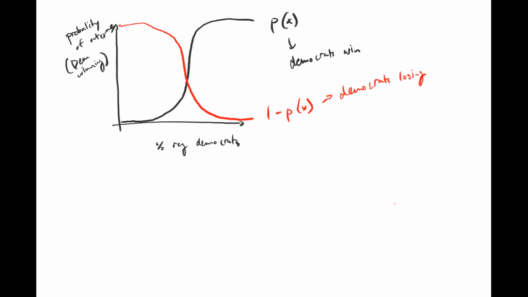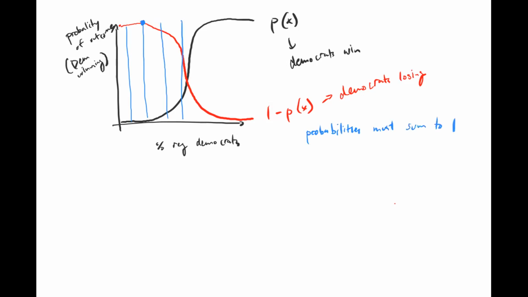And we're working in probability land, right? So anywhere I draw a line, the probabilities must sum to 1.